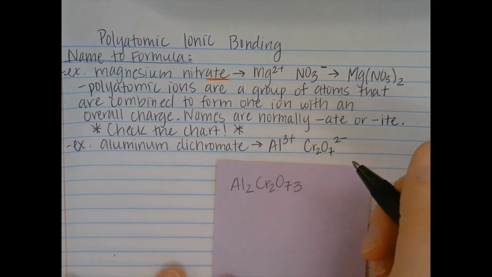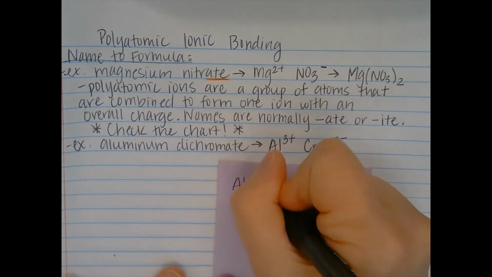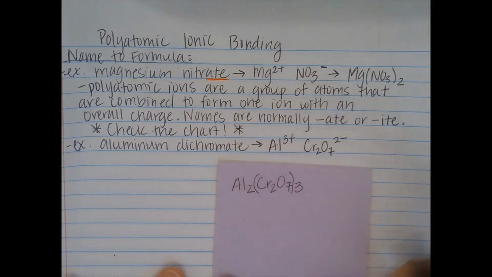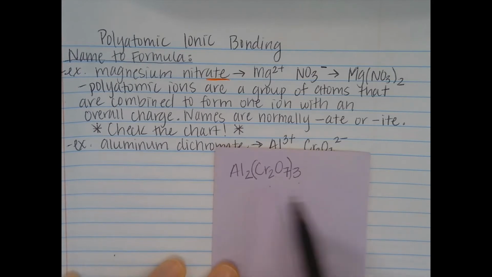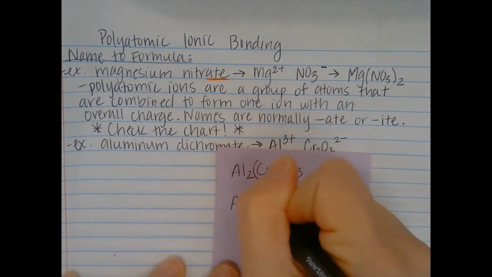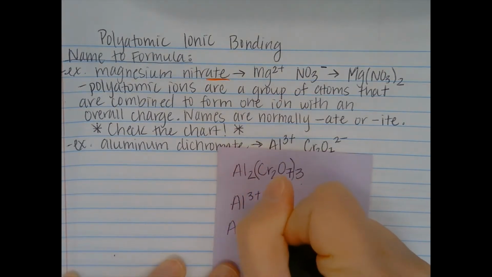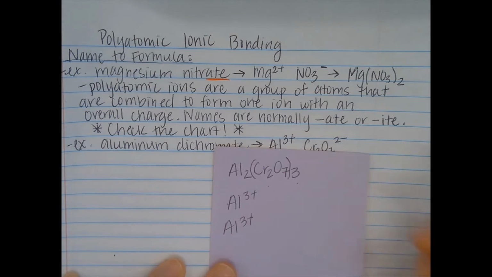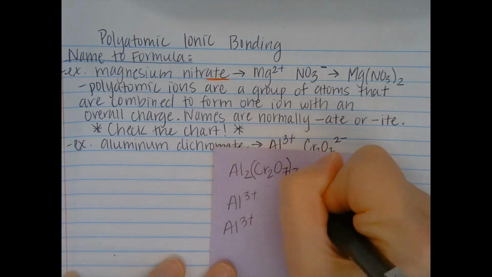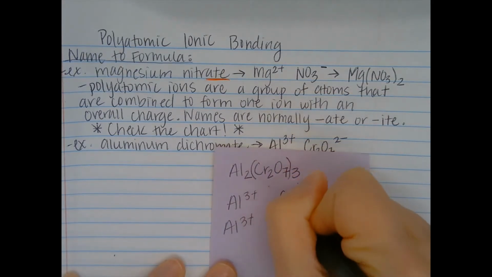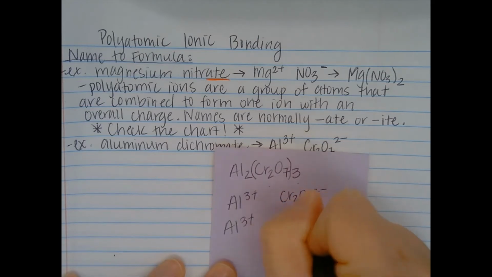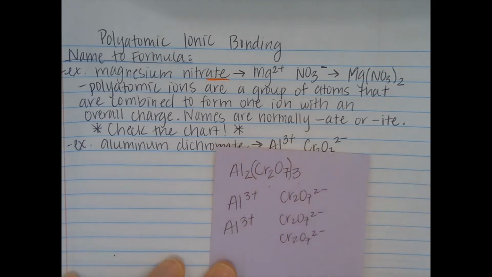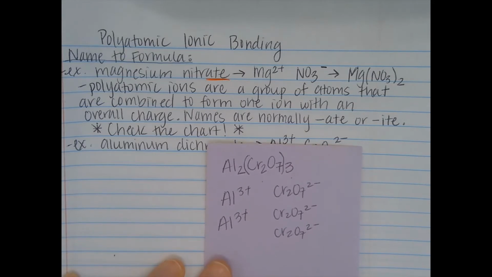So what we can use again are parentheses. Now this is saying that you have 3 dichromates. So again, what this means is that I have 2 aluminum ions and I have 3 dichromates. This is a neutral compound.